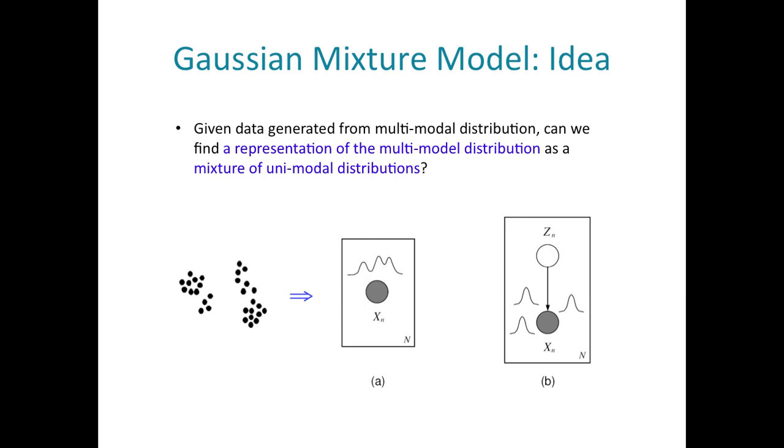So the idea behind a Gaussian mixture model is that we assume that the data has been generated from a multimodal distribution. We know that our data originates from different subgroups of data from different Gaussian distributions. And so can we find a way of representing this multimodal distribution as a mixture of unimodal distributions?